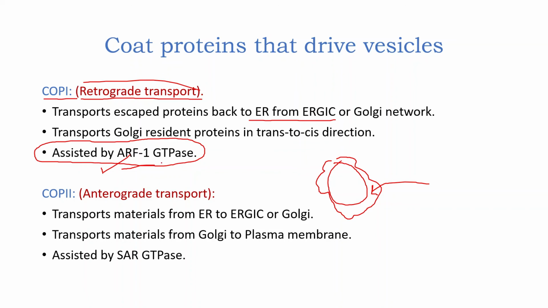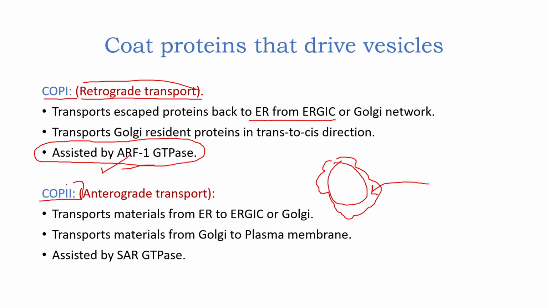Why is it called the GTPase? Because it is dependent upon GTP hydrolysis. The COP1 protein is a coat protein for retrograde transport, that is transport from trans-Golgi network to cis-Golgi network, from Golgi to ERGIC, from ERGIC to ER. I hope this is clear.